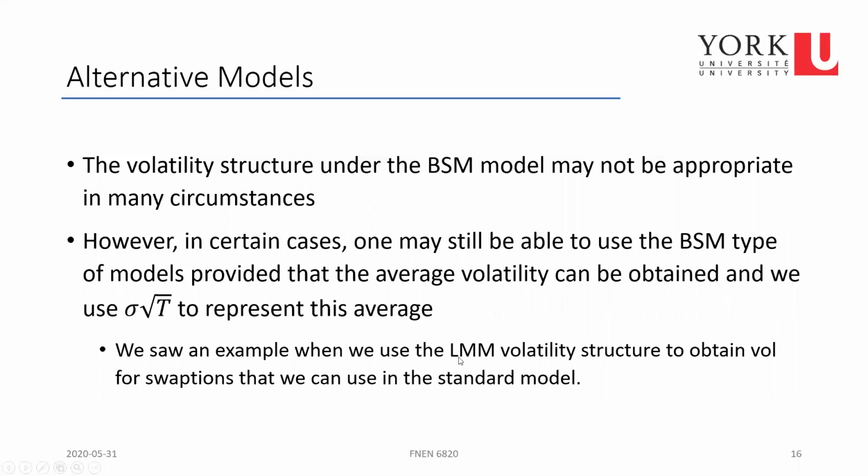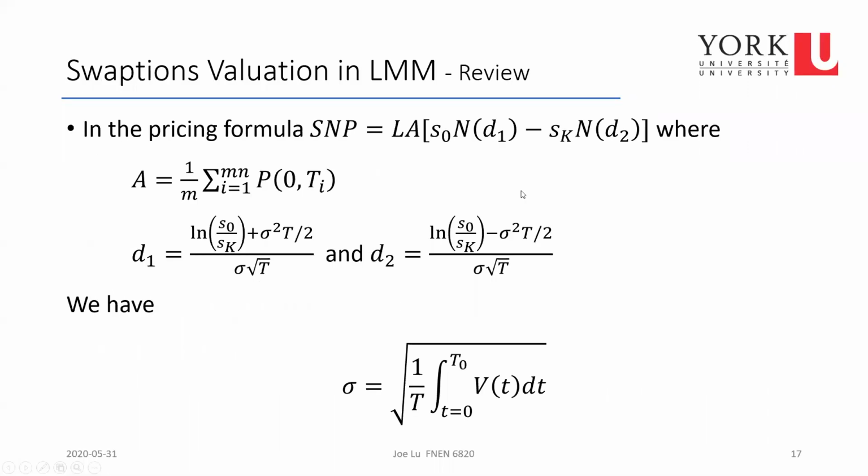This is similar to what we have seen earlier in the BGM model. We try to use a simple closed form solution, where we need the volatility parameter for this model.